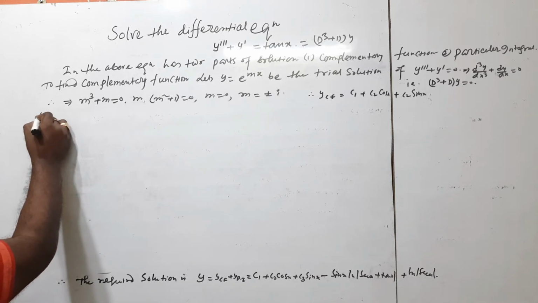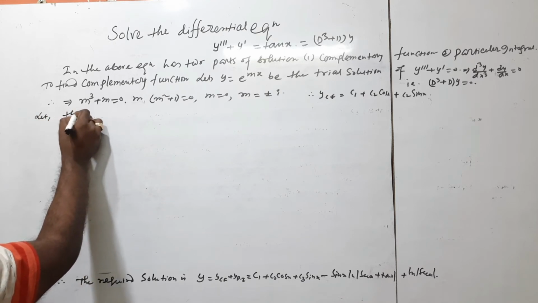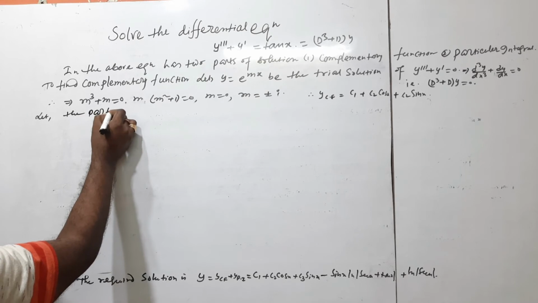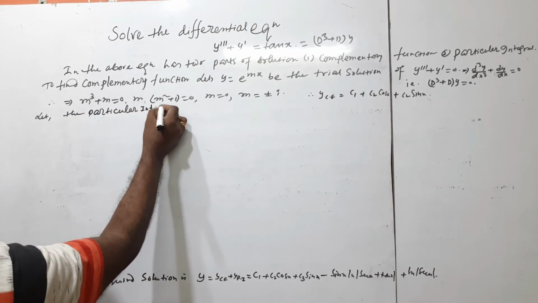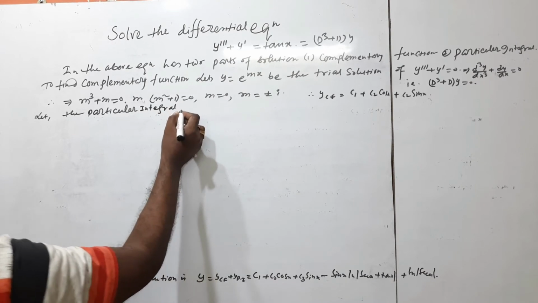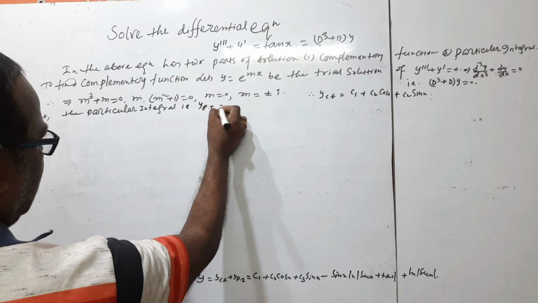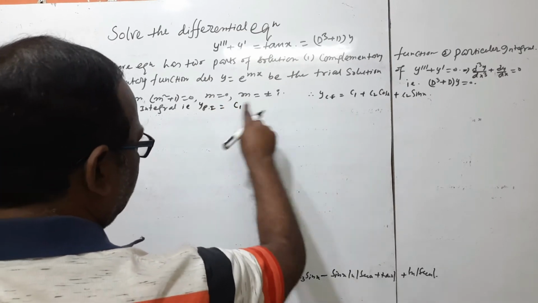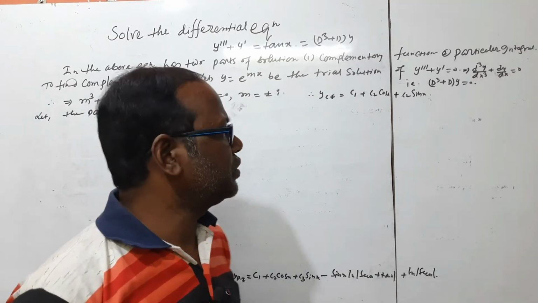Let the particular integral be YPI, and that is C1, with respect to now we want to find the coefficients C1, C2, C3.